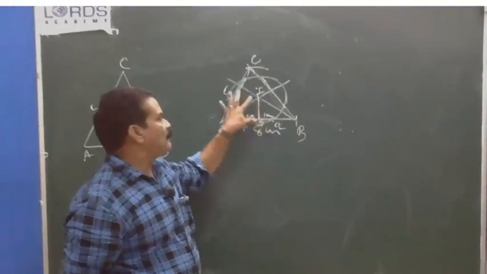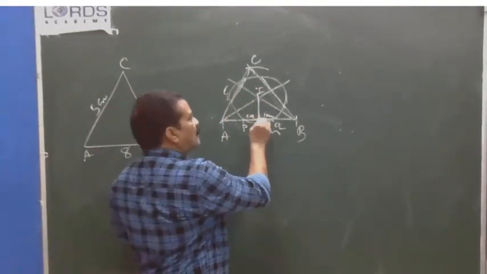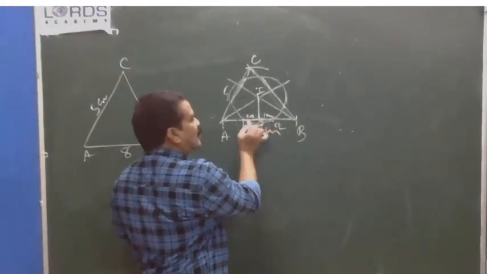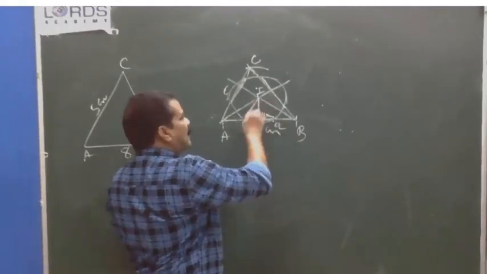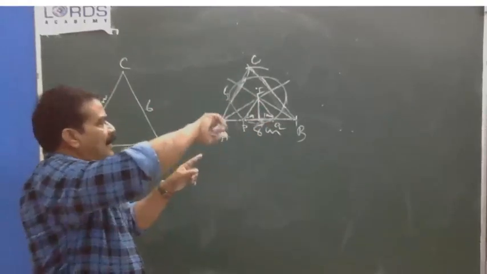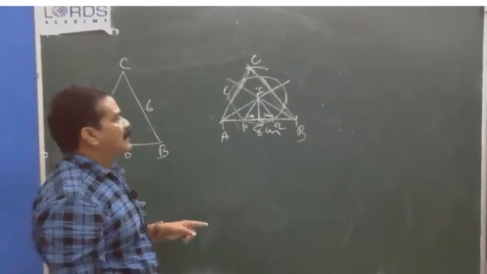From that foot, you take 1 centimeter here and 1 centimeter here. Then the total is 1 plus 1, 2. Then you take this IP and IQ as a radius and draw the circle.